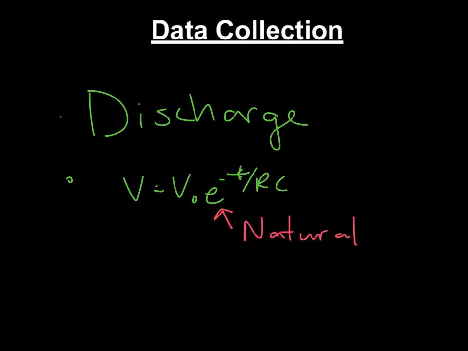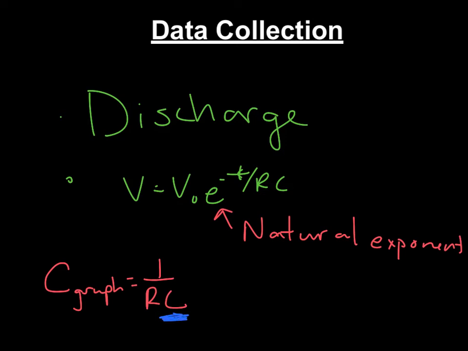It should look like a curve, and this should be under the curve fit menu. And then you will record C from the graph, which is actually 1 over RC, unfortunately, where C is the capacitance you actually want, and then your plus or minus uncertainty. This is how you get your error in this lab. It is pretty easy because the graph tells you.